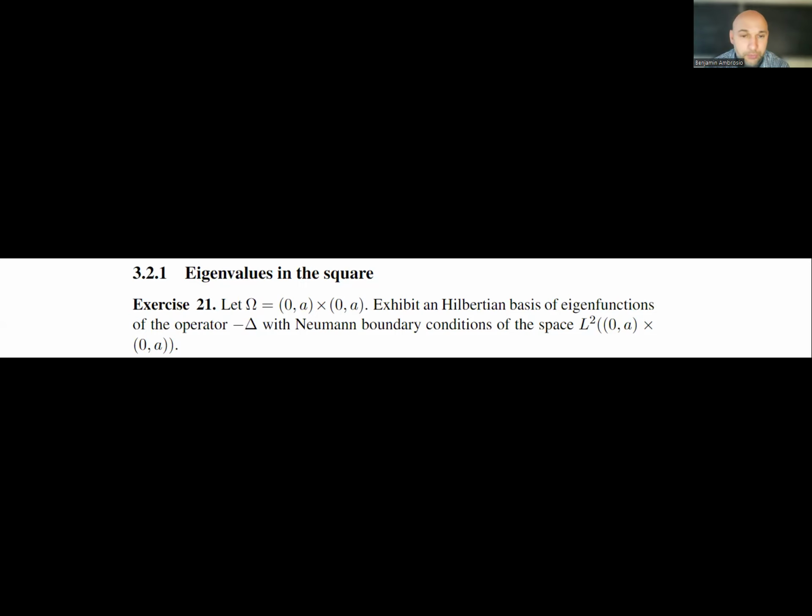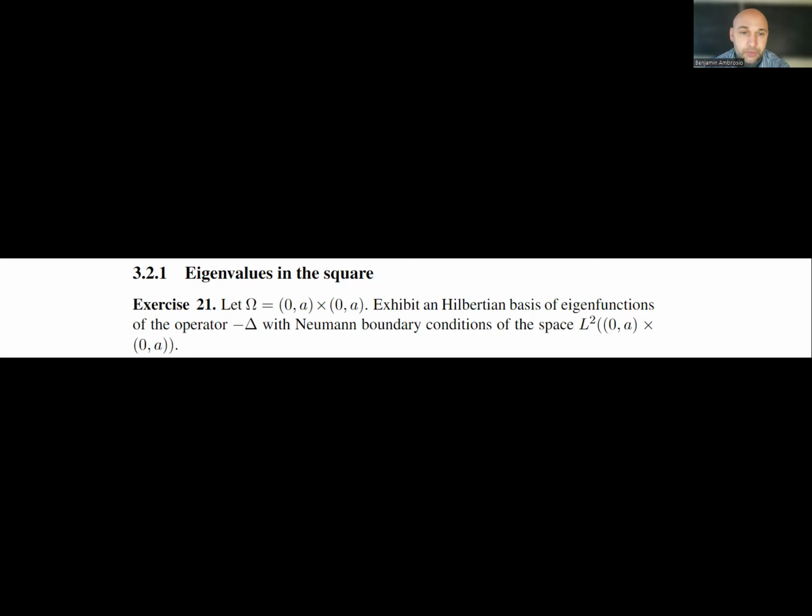It is to try to find out what are the eigenfunctions of the minus Laplacian operator with Neumann boundary conditions. And so we work on the L2 space. Okay, you can start with A equals 1, and then we will see what happens when A is positive.